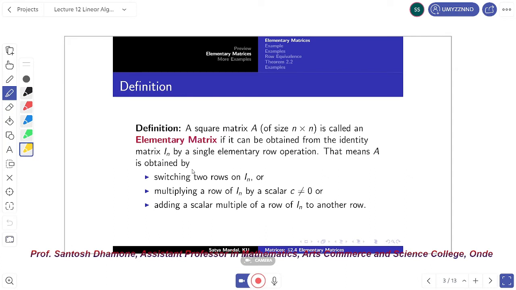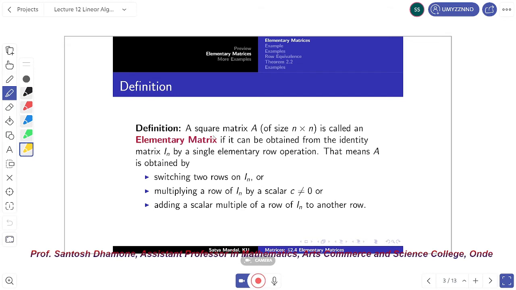That means A is obtained by switching two rows of In, or multiplying a row of In by a scalar c not equal to 0, or adding a scalar multiple of a row of In to another row.